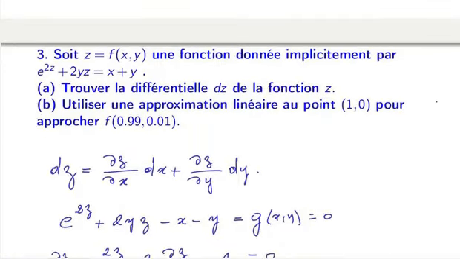We now move on to the second question. Use a linear approximation of f to approximate the value f of 0.99, 0.01.